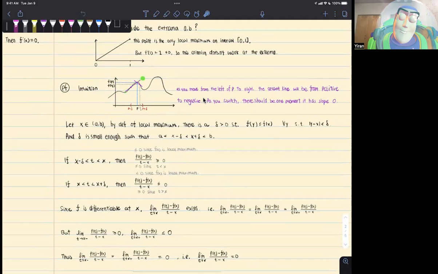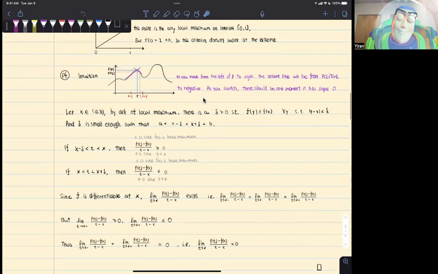You're drawing a secant line, and as the point t converges slowly to p, the secant line becomes flatter and flatter, and it will change direction. So in the process of changing from a positive slope to a negative slope, it must be 0 at some moment. That's basically our intuition.